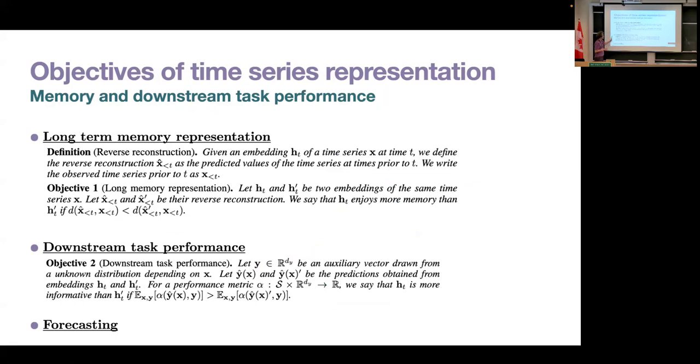It should also have good downstream performance. So when I train this model in an unsupervised way, just to forecast ahead the time series, I want the representation, this patient signature that I get at every time step, to be pretty good at predicting other tasks which we're not trained upon. And it should also be good at forecasting, since we're going to train it to forecast, but we don't want to lose that ability.